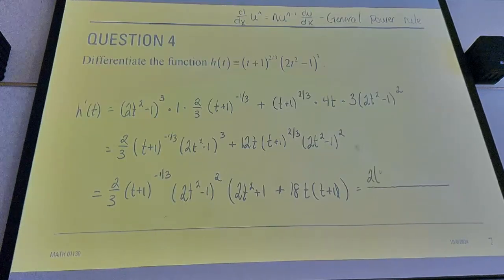Start with the numerator. Two t squared and 18t, or 18t squared rather, is 20t squared. Plus 18t minus 1.